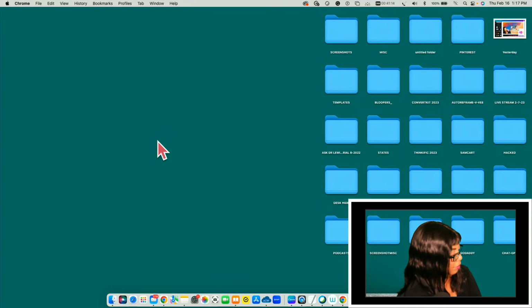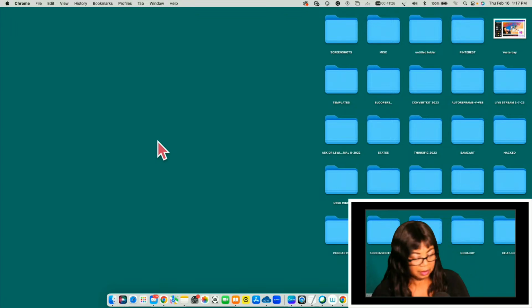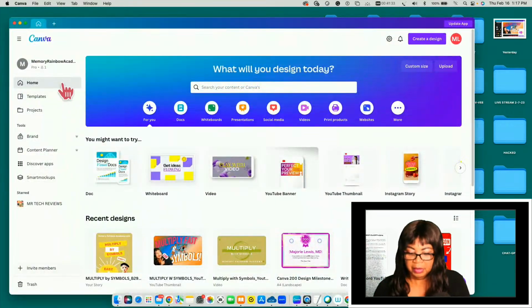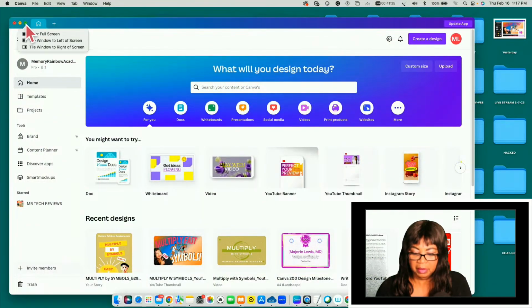And the next thing I wanted to bring up, I wanted to add another source. See if I can bring that up. Okay, I'm going to open up Canva on my computer here.